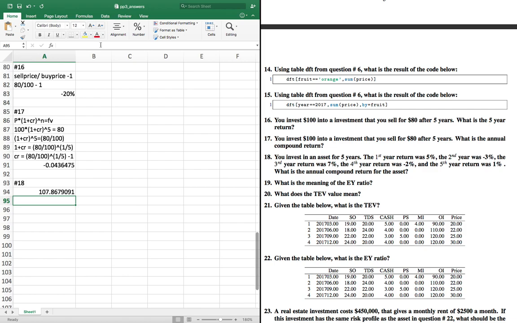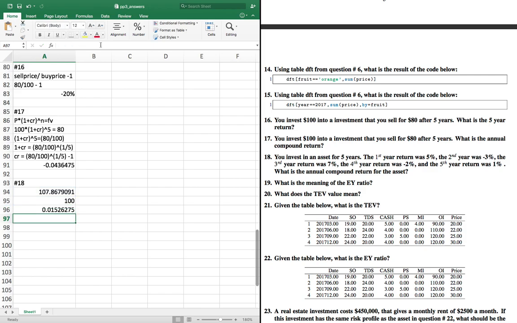So again, now I have the initial, I set up that my initial investment was 100, and now it became $107. It now becomes number 17, and I could literally use the equation for number 17. Because this was done over 5 years, just like number 17, all I literally have to do is take my final value, which is this cell right here, divided by 100 to the power of 1 divided by 5, minus 1, right?